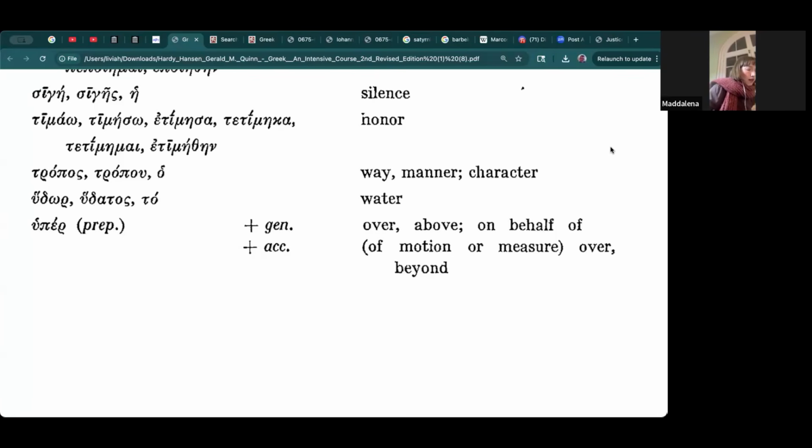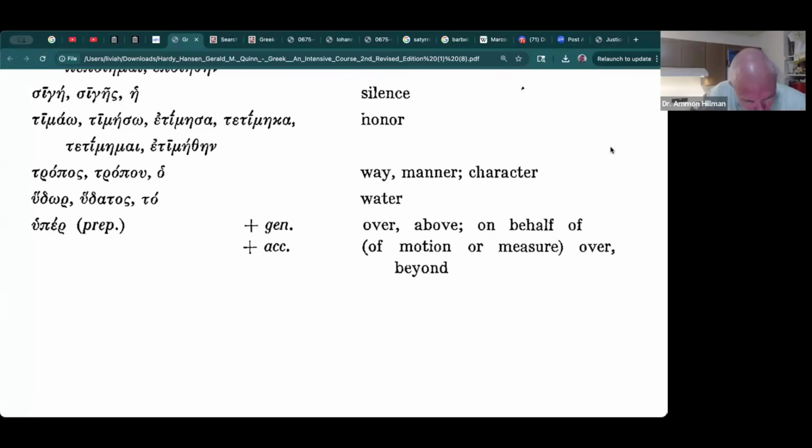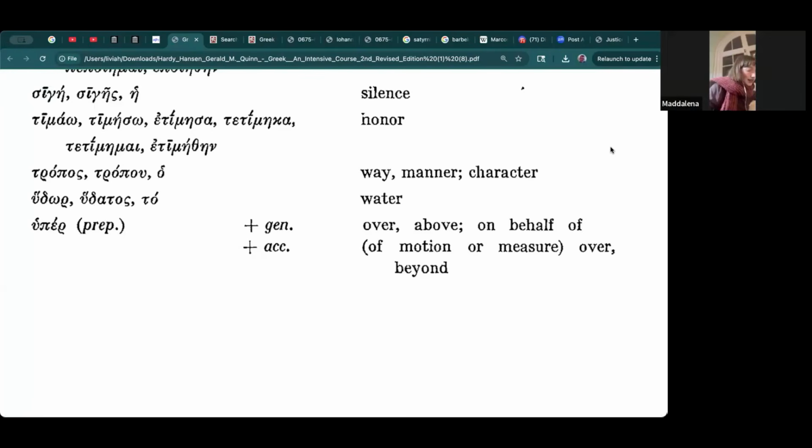Tropos, tropou, way, manner, character. Hudor, hudatos is water. Huper, hydrology and all that kind of stuff. Huper is over, above, or beyond, or on behalf of.